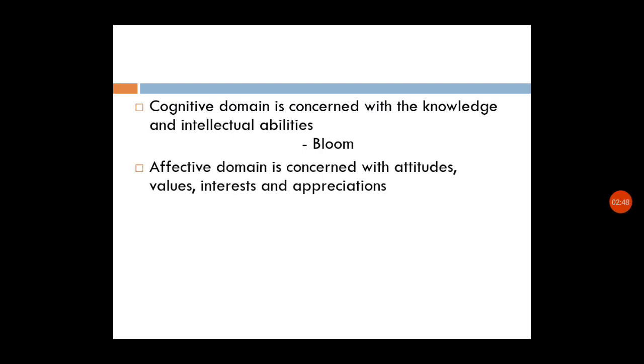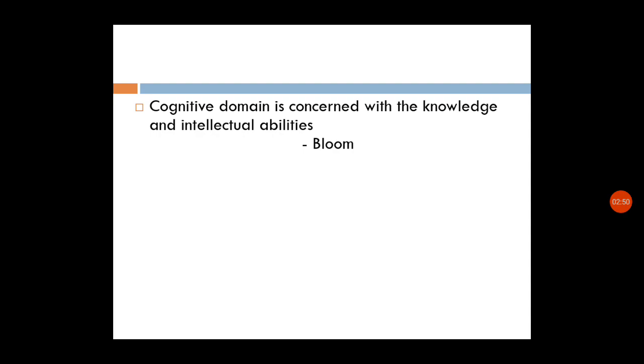The cognitive domain is concerned with knowledge and intellectual abilities. This is by Bloom, who defines the cognitive domain as dealing with knowledge and intellectual abilities. The awareness and understanding happening in our brain, and the processing of everything, come in the cognitive domain. The intelligence and abilities are all in the cognitive domain according to Bloom.